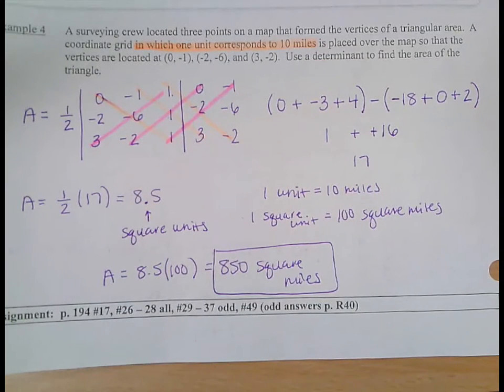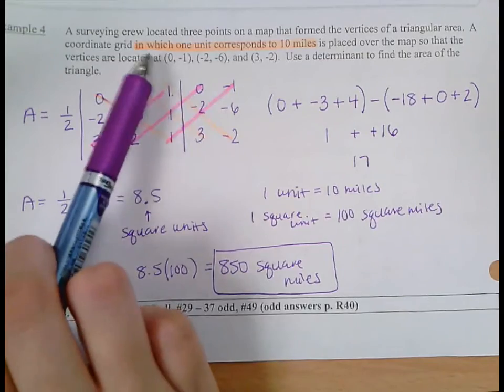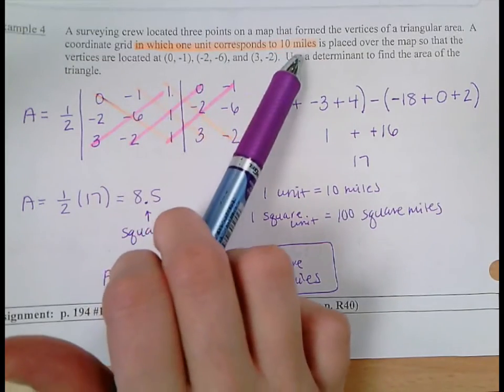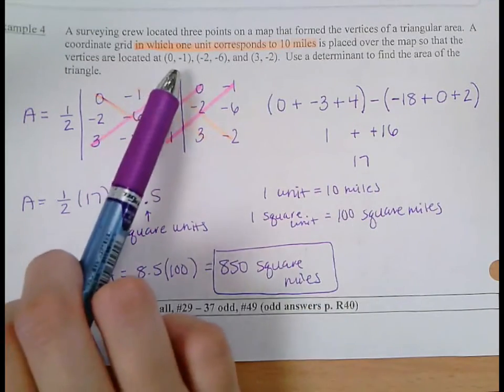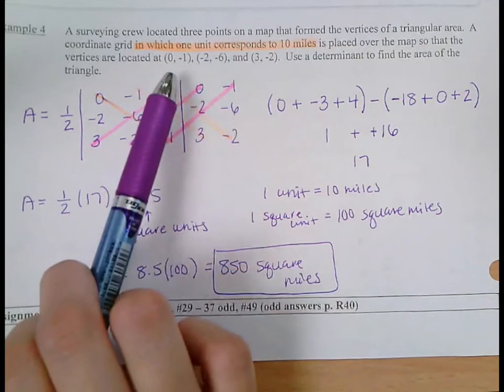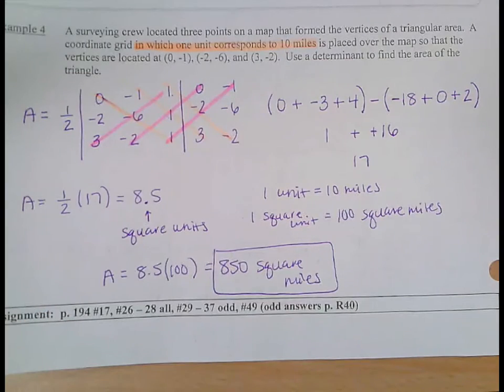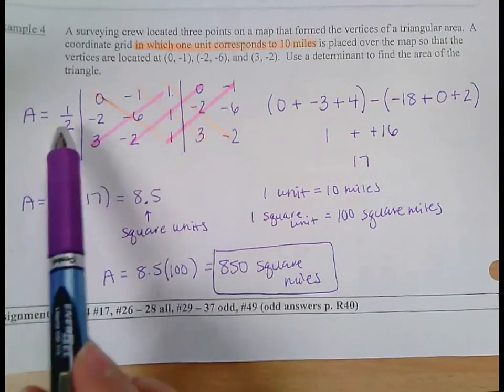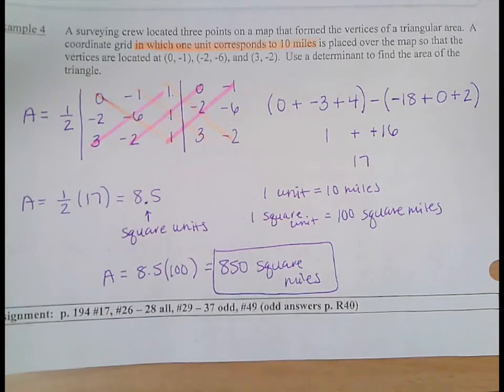Louisa? So if 1 unit will correspond to 10 miles, you are given 3 coordinates. You could have multiplied all of your coordinates by 10 at the beginning, and then when you found your determinant and multiplied by a half, you would have gotten 850 right away.